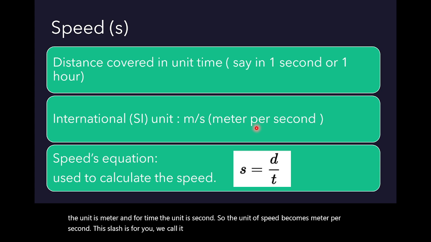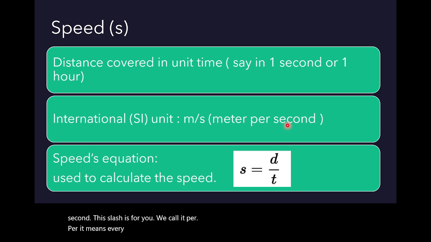It means every second. So speed is distance covered in every second. Here is the speed's equation: S equals d over t, which we use for calculating speed, distance, and time according to the question.